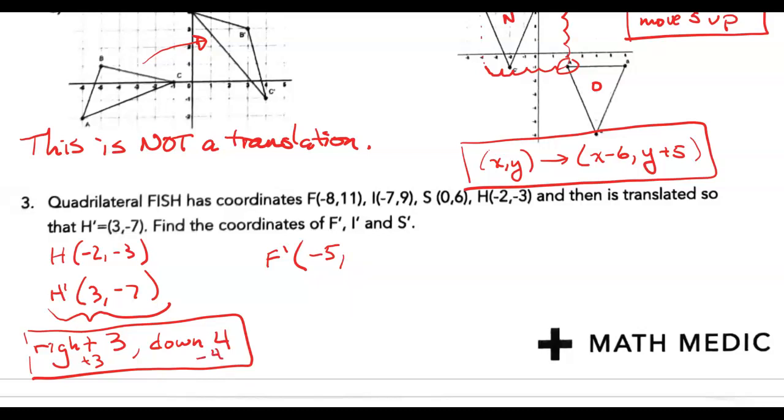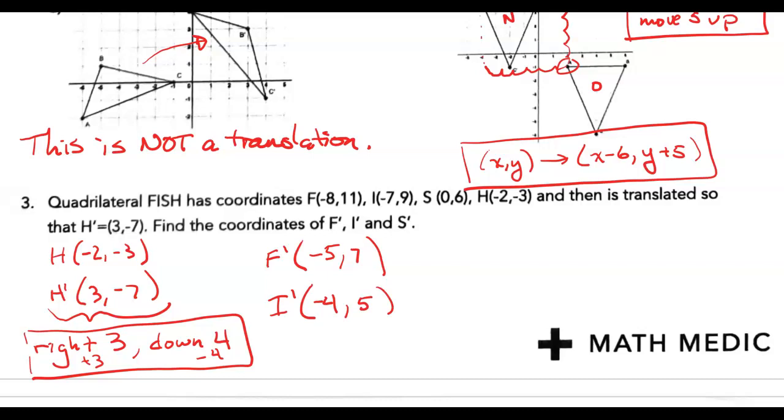So 11 minus 4 is 7. And I prime, so I'm at -7, and I'm going to add 3, so that's -4. And then 9 minus 4 is going to be 5.